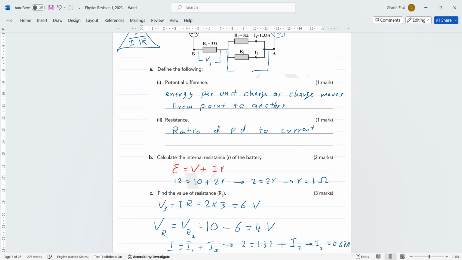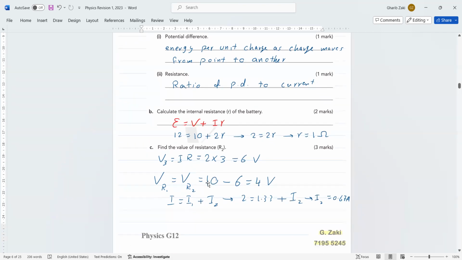0.67 ampere. So we have the current and we have the voltage, so we can get the resistance. The resistance R2 equals the voltage over the current.